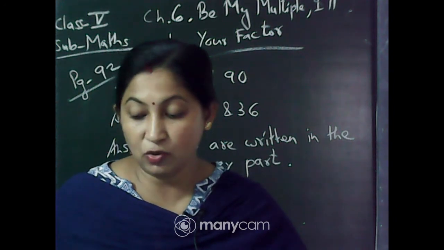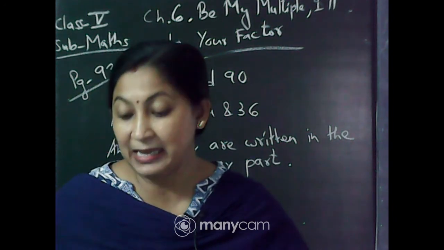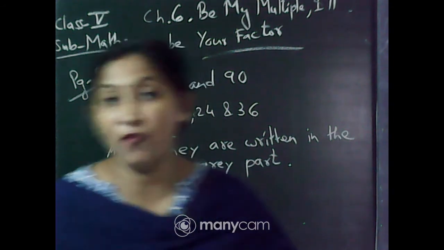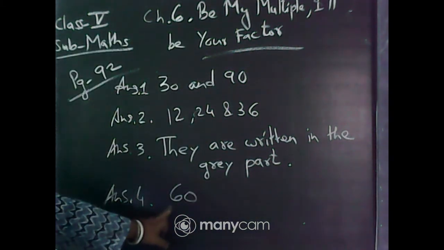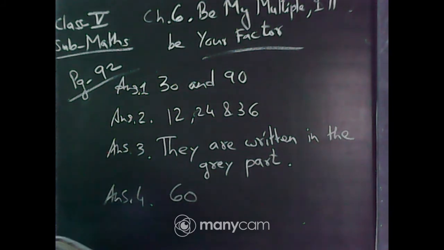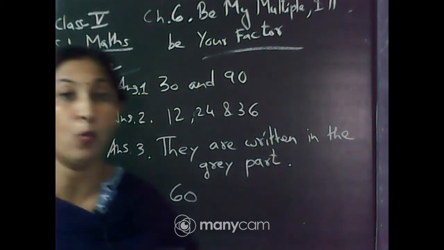In the previous question we have seen that the smallest common multiple of 4, 5 and 6 is 60, isn't it? Hence, the smallest number of seeds which Sunita has is 60 plus 1.